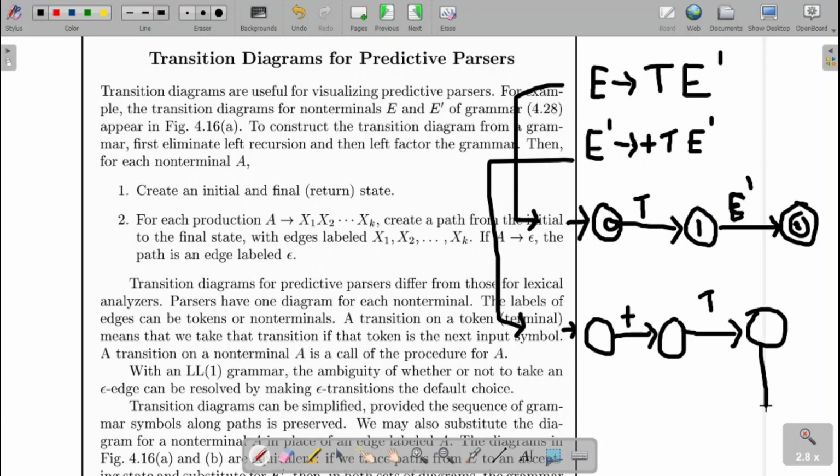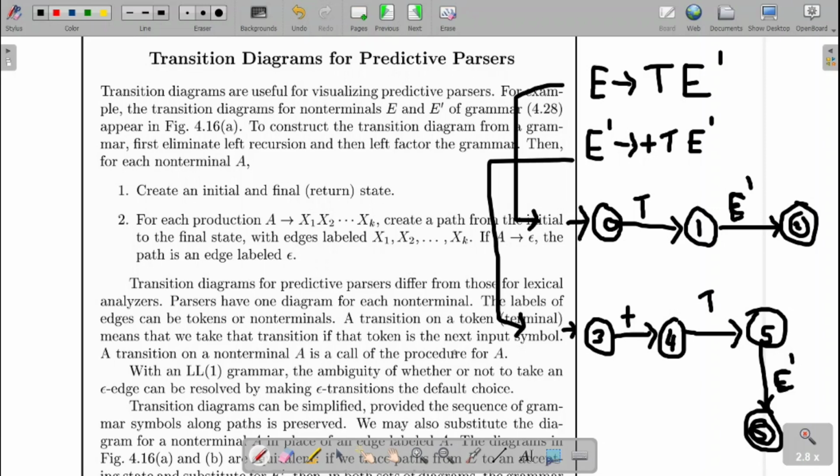Next on E dash, I will go to the final state. If I number it, it is 0, 1, 2, 3, 4, 5 and 6.